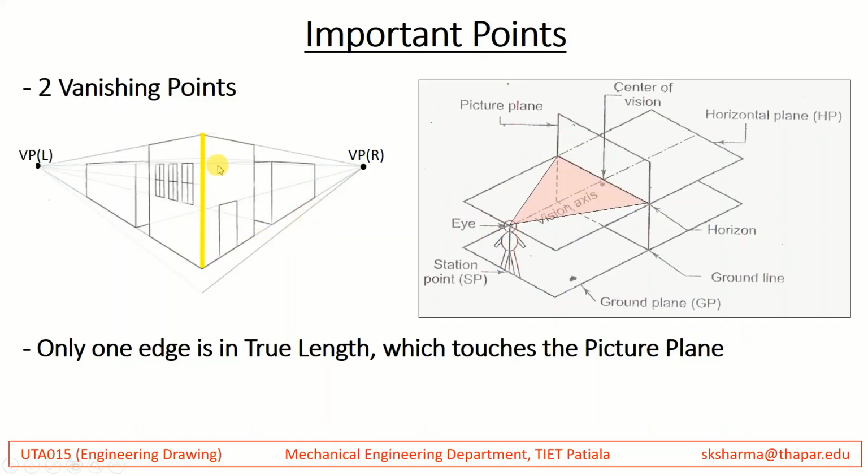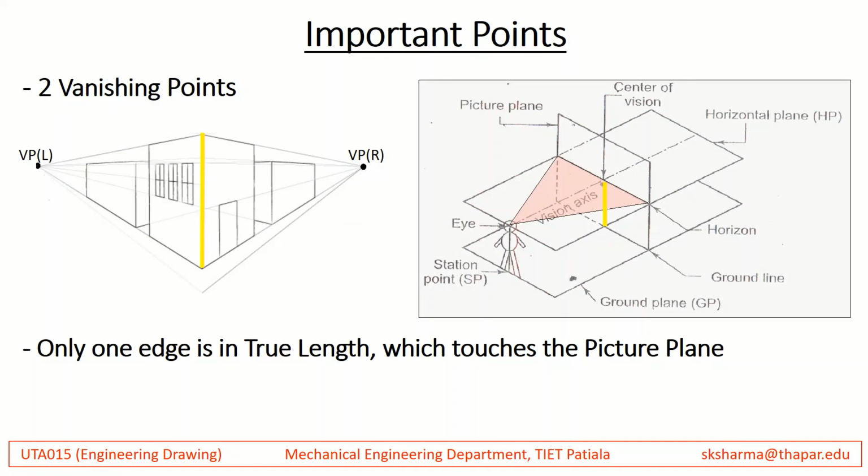For example, in this case, this edge which is highlighted as yellow here shall be touching the picture plane here, and everything else other than this edge, all vertices, all edges, will be on the other side of the picture plane, and only this edge that is touching the picture plane will be available in its true length. All other vertices, all other edges, since they will be away from the picture plane, will appear to be shortened.